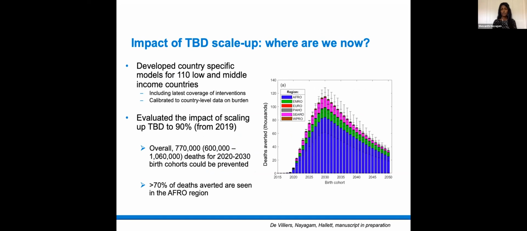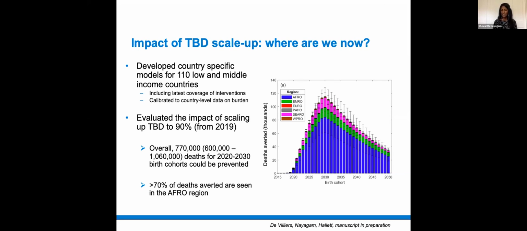So from Polaris, from WHO estimates, and IHME cancer deaths. And what we did was we evaluated the impact of scaling TBD, so I'm going to use that as timely birth dose vaccination, to 90% from, well, it's not now anymore, but from 2019.